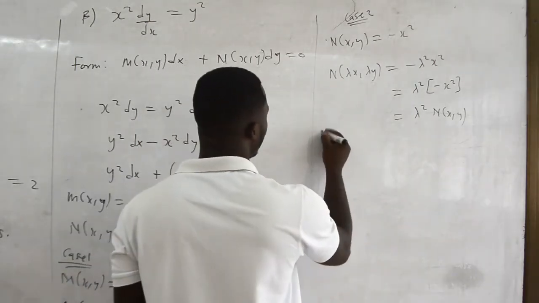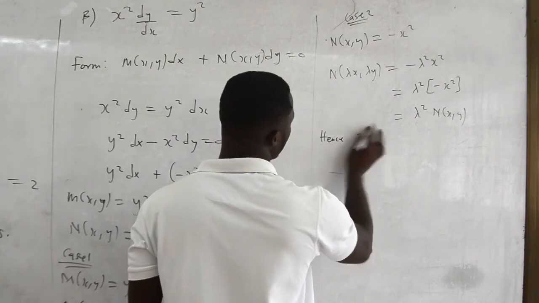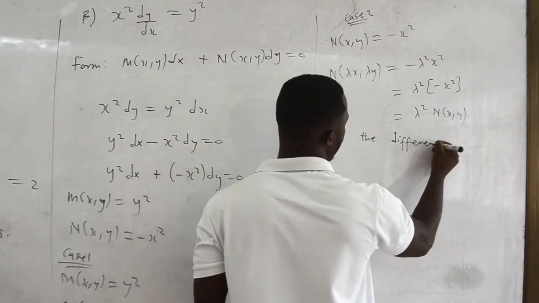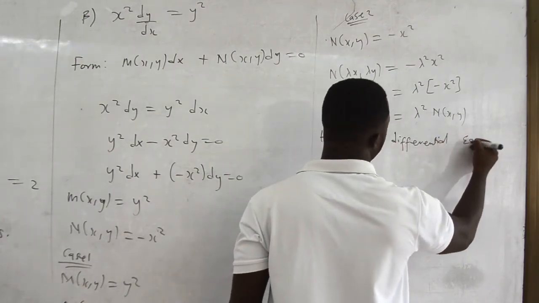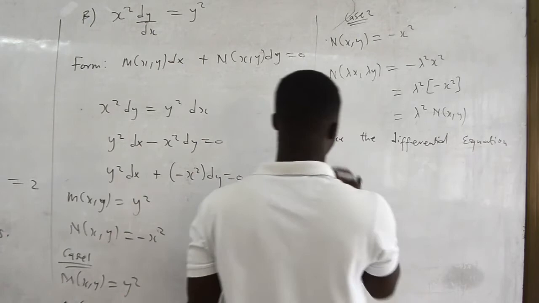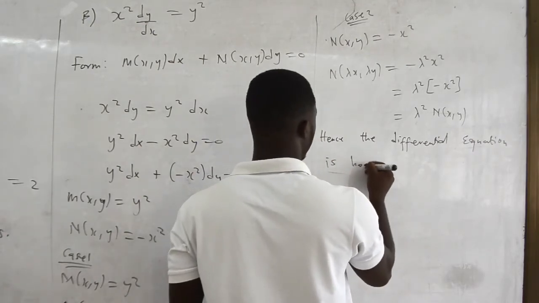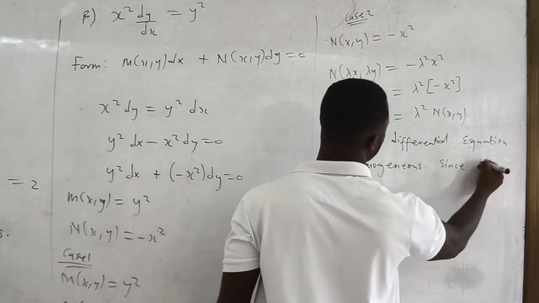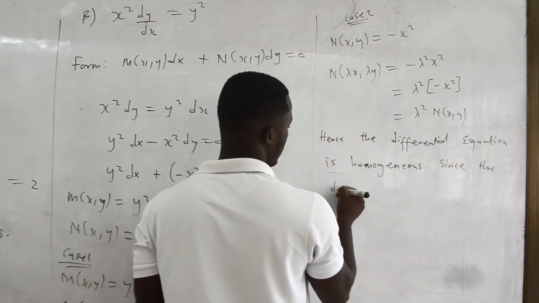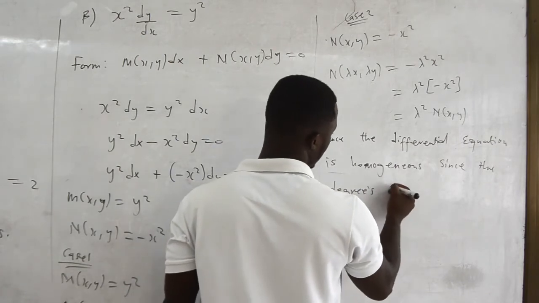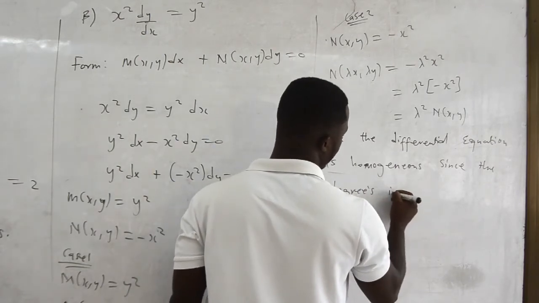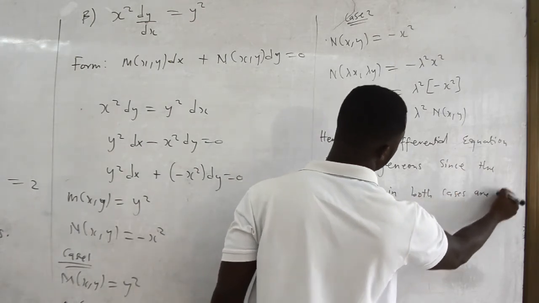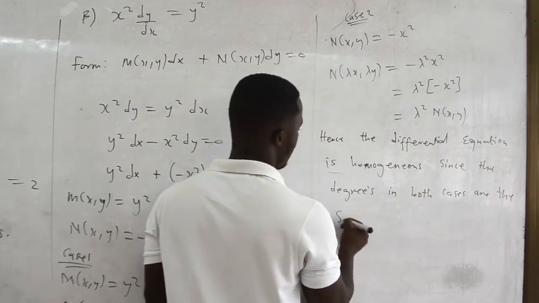So hence the differential equation is homogeneous, since the degrees in both cases are the same.